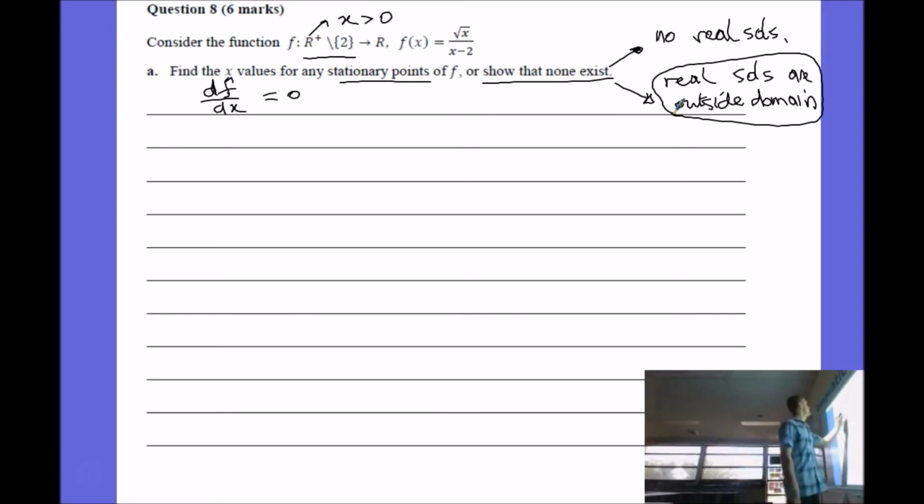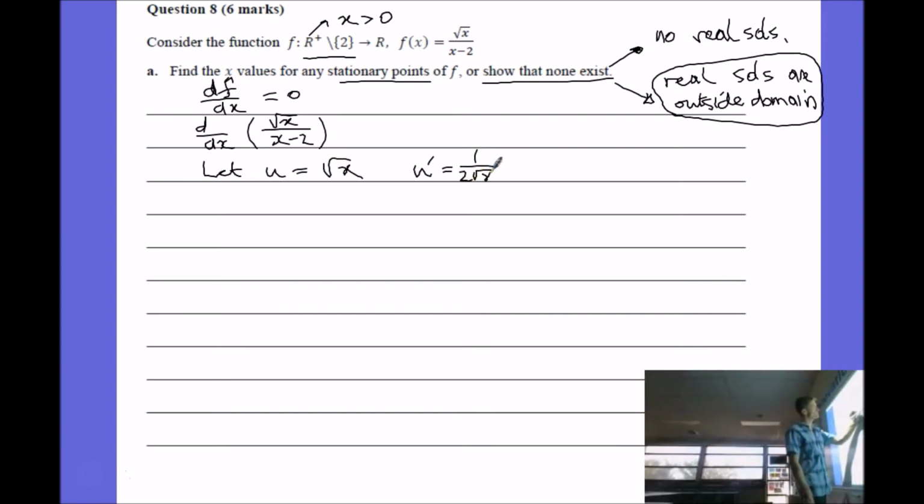So, the quotient rule: we want to differentiate our function, the square root of x over x minus 2, maybe using the quotient rule. So we've got two functions. Let our top function equal u, get its derivative. Let the bottom function equal v, x minus 2, work out its derivative, which is just 1, which is nice and easy. Alright, let's put them together.